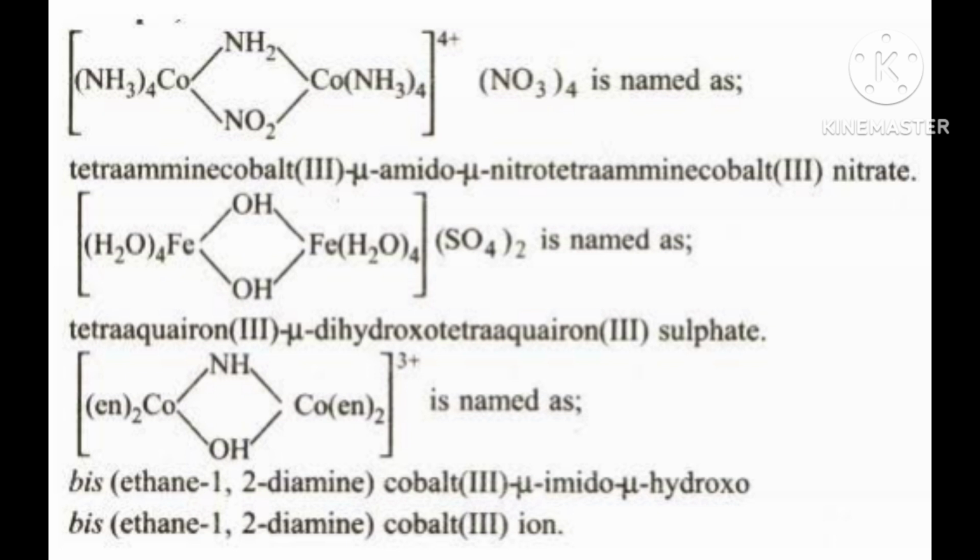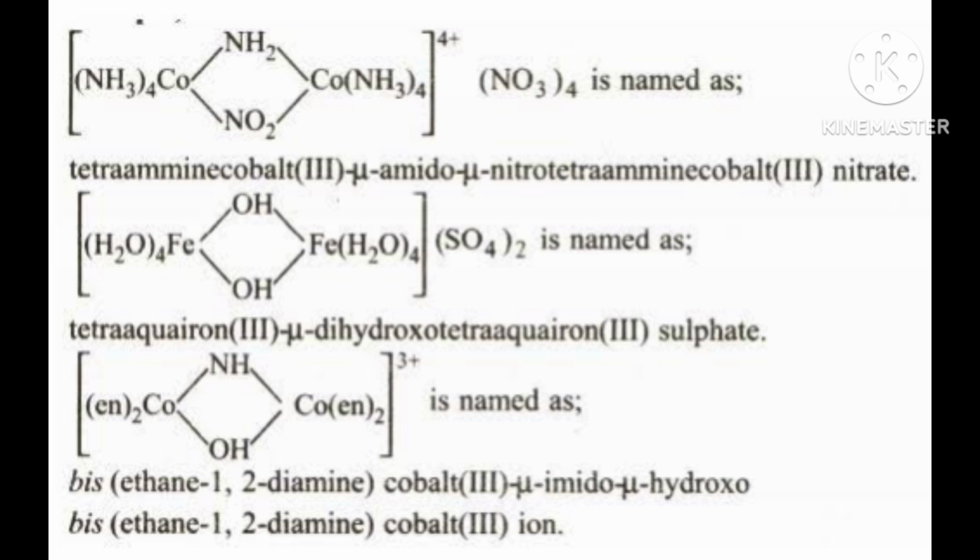You remember: bis means 2, tris means 3, and tetrakis means 4. The ligands to which they refer are placed in parentheses. For which you are writing bis, tris and tetrakis, that ligand you write in a bracket, parenthesis.